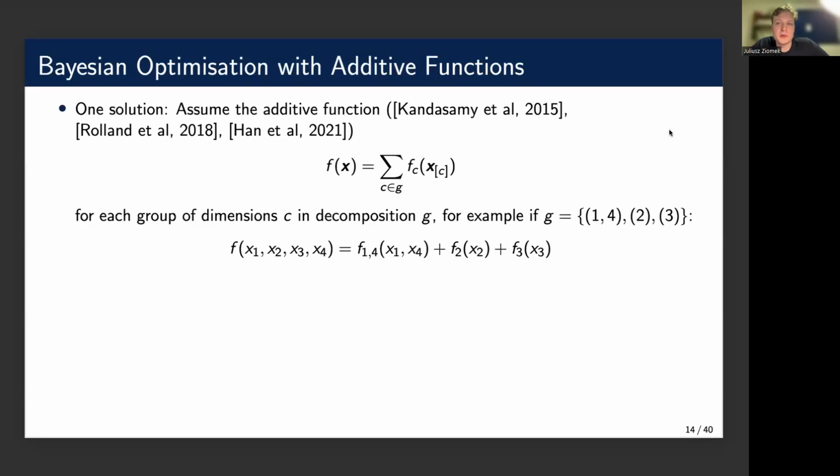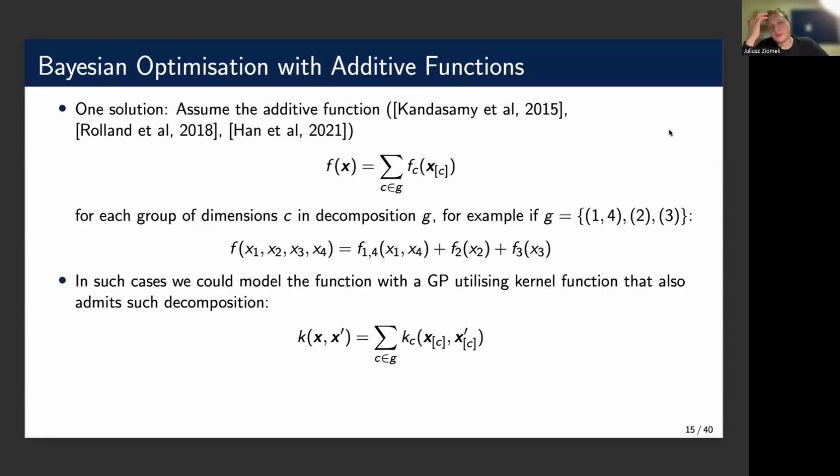So for example, if our G is a collection of sets {1, 4}, {2}, and {3}, then the black box function will decompose into a subfunction of dimensions 1 and 4, a subfunction of dimension 2, and a subfunction operating on dimension 3.